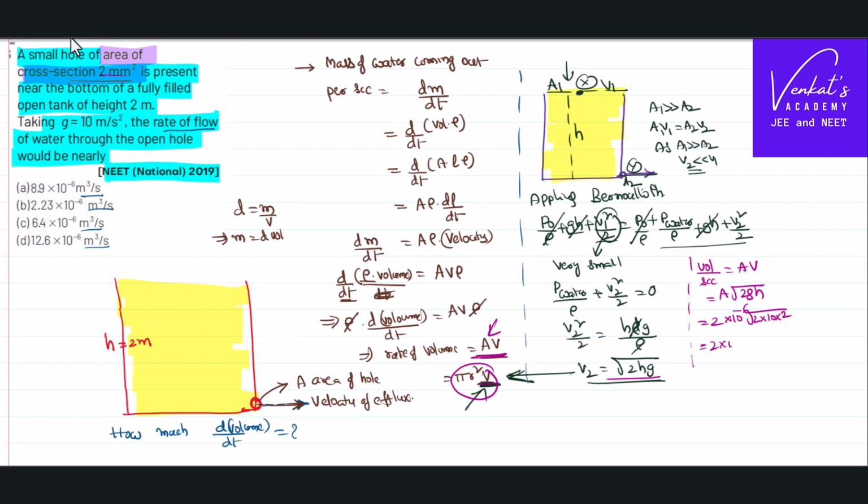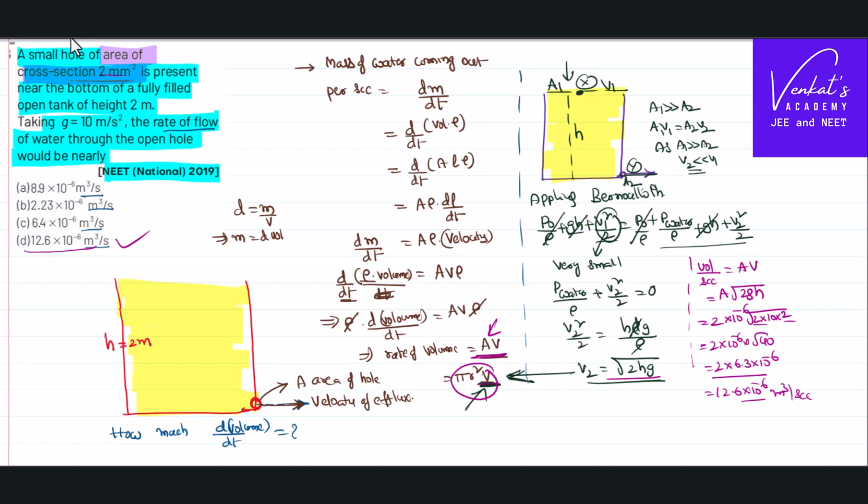That is 2 into 10 power minus 6 into root 40. Root 40 is a little more than 6, 6.2 or 6.3, into 10 power minus 6. So it becomes some 12.6 into 10 power minus 6. That's the answer, right? Meter cube per second.